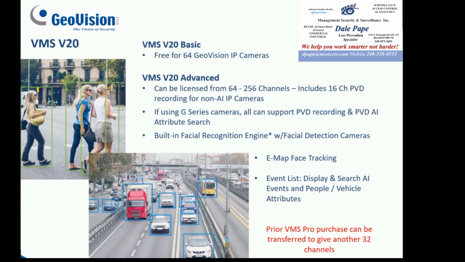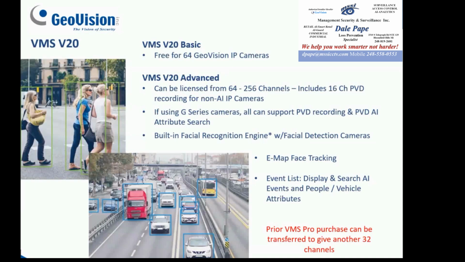Now, a couple other points that go along with the V20 Advanced. We have a couple different series of analytics cameras. For years, if you've used us, you know that we have the TVD series or the TBL cameras. We've also recently introduced a G series of cameras, and you'll be able to achieve different levels of analytics depending on what Geovision camera you have.